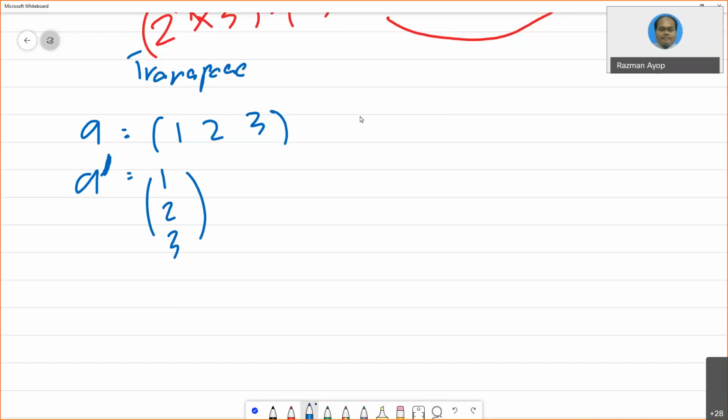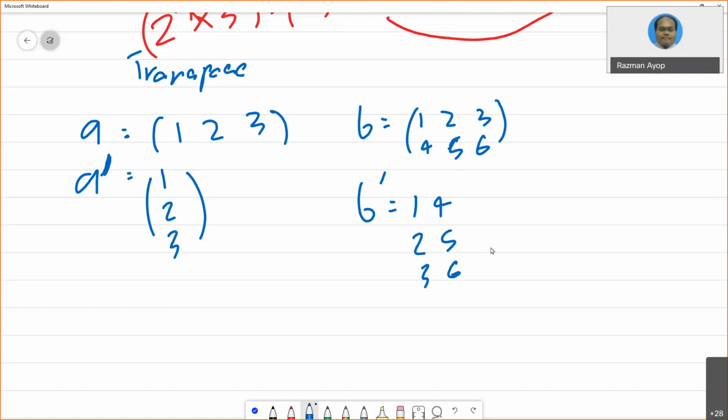How about B equals 1, 2, 3, 4, 5, 6? For B transpose, you need to know how to transpose this, it is just 1, 4, 2, 5, 3, 6. Basically, if you have a location here, X, Y, you have the coordinate for each number.